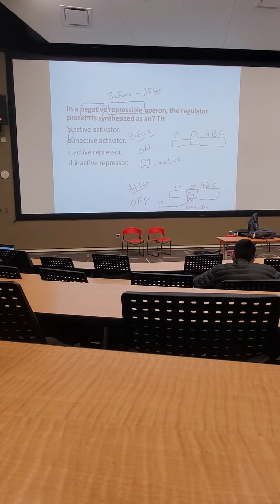Here, there's no co-repressor. Here there is. They draw them as those little small molecules that interact. The co-repressor activates the repressor, the regulatory gene, and allows it to have negative control over this operon. So the original state would be before. So the best answer here is B.